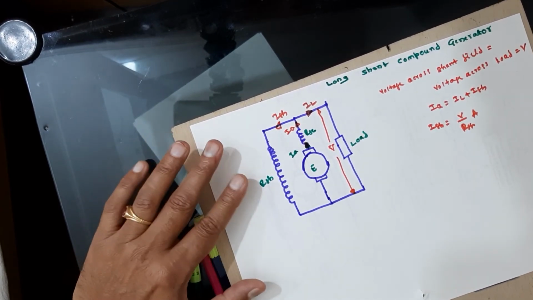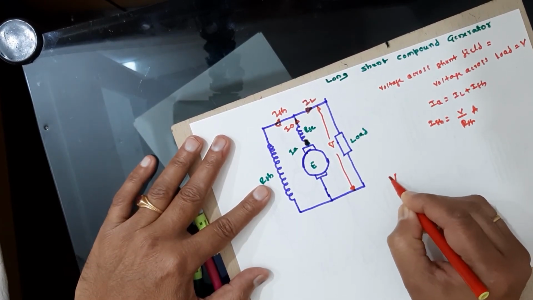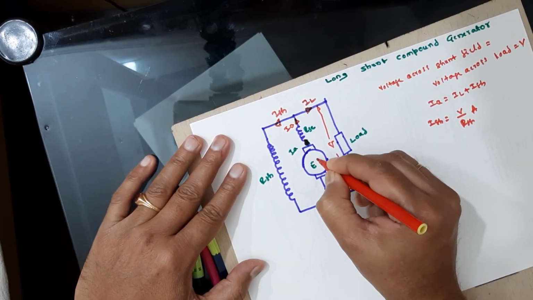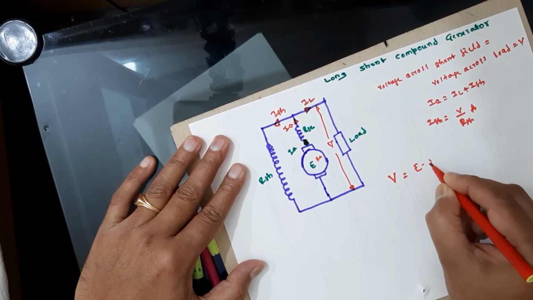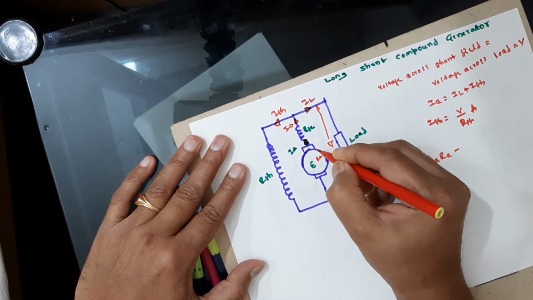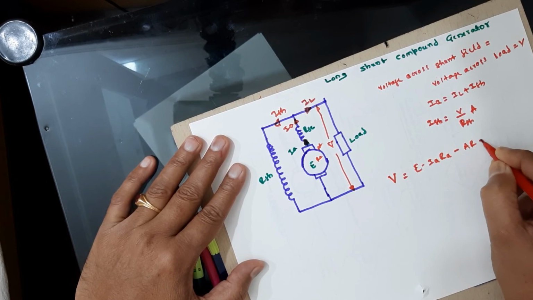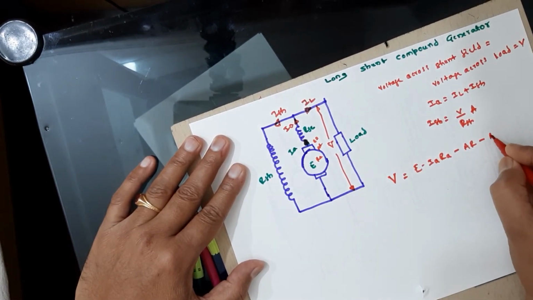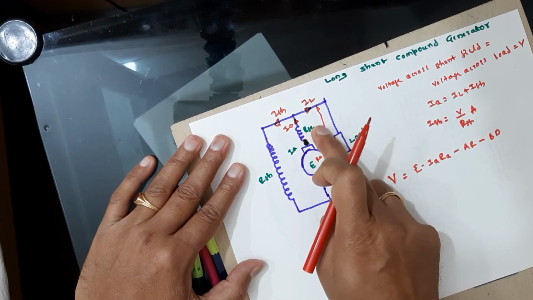For establishing the relation between V and E, the same procedure has to be followed. V is equal to, what is the first drop? It is because of the IRA drop, that is E minus IRA. Next is armature reaction. Next, brush drop. Then you can observe there is a drop in the series field also.